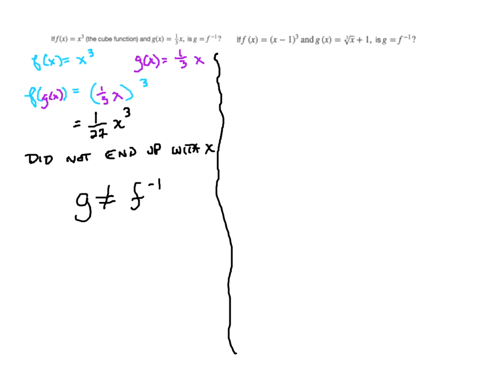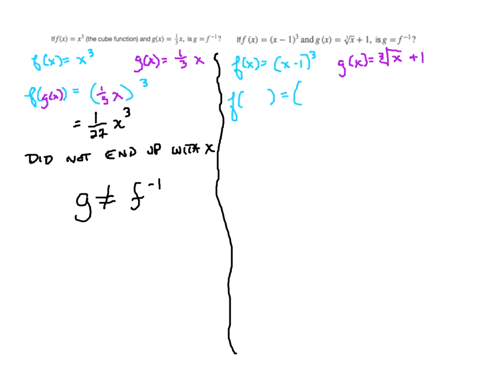Okay. Last one for verifying if these are inverses. F of x equal to x minus 1 cubed, and my g of x equal to the cube root of x plus 1. So I'm going to start out with f of g of x.